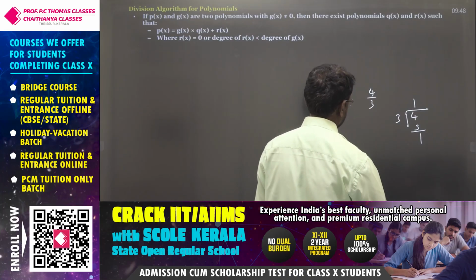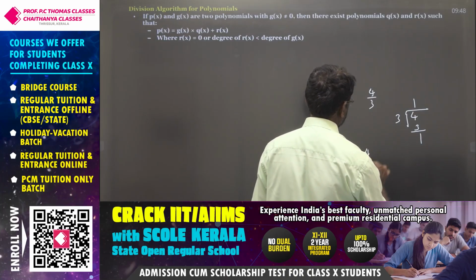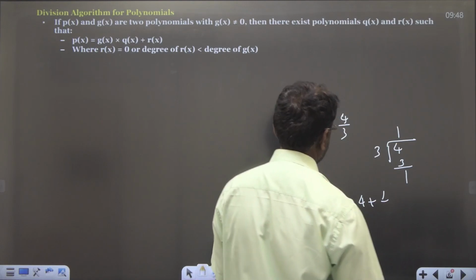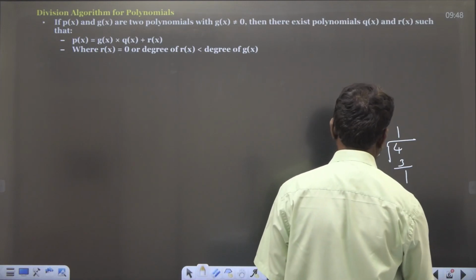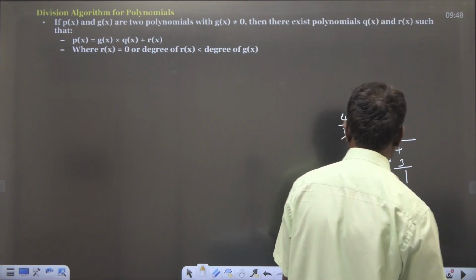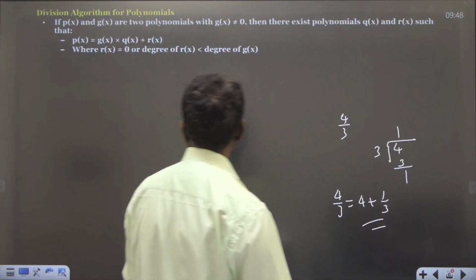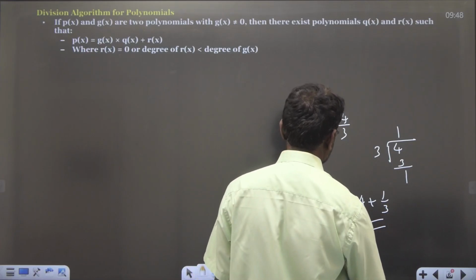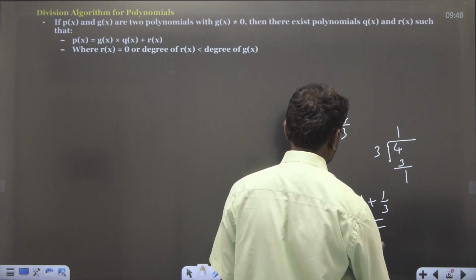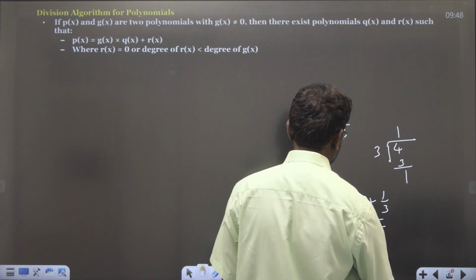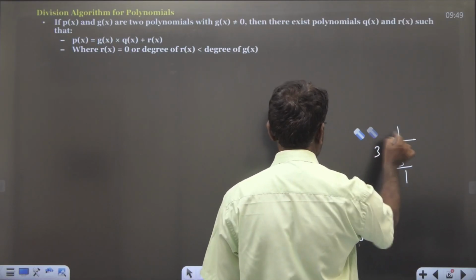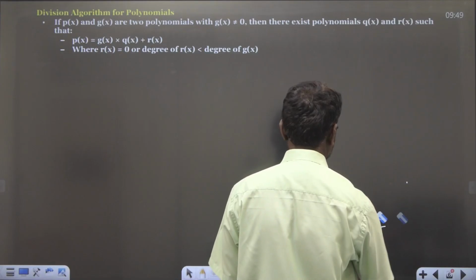So 4 by 3 is equal to 1 plus 1 by 3. Actually, this is the meaning. Or you multiply both sides by 3. This is the method of division for ordinary numbers.